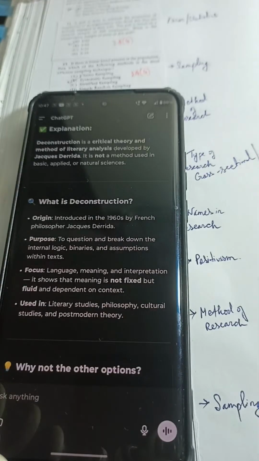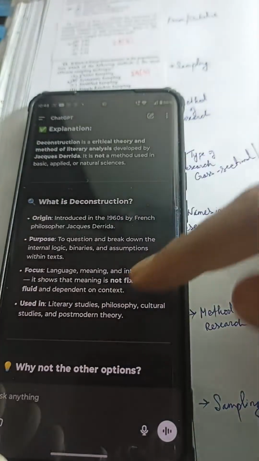From the particular word we can understand we are deconstructing. So to question and break down the internal logic, the barriers and assumptions within a text. It focuses on language, meaning and interpretation. It shows that meaning is not fixed but fluid and dependent on context. This deconstruction theory is used in literary studies, philosophy, cultural studies and postmodern theories.